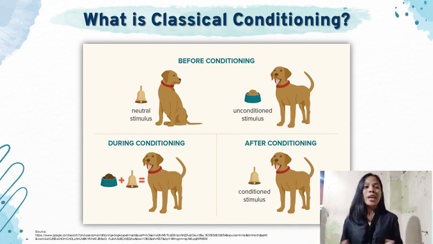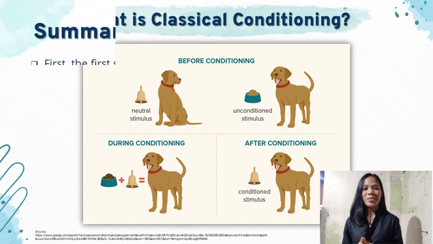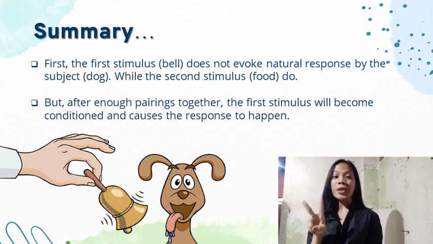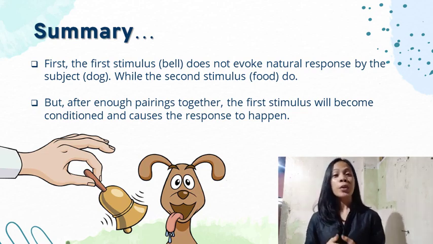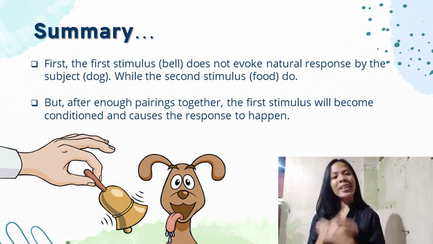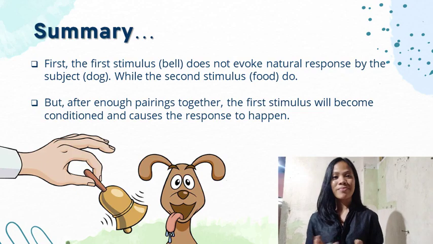As a result, salivating to the sound of the bell is a conditioned response of the dog, and the bell has become the conditioned stimulus. Overall, the paired association between two stimuli is formed through the process of classical conditioning. At this point, we have explained what classical conditioning is.